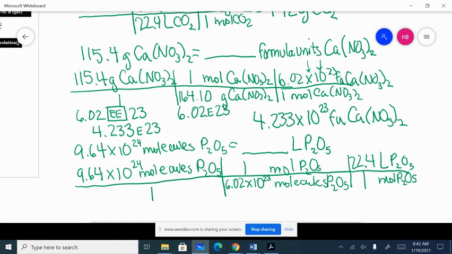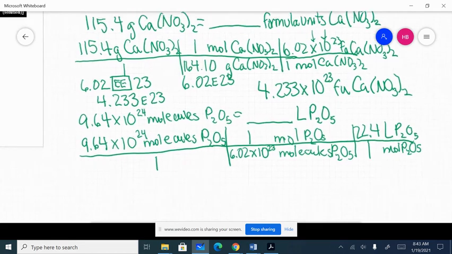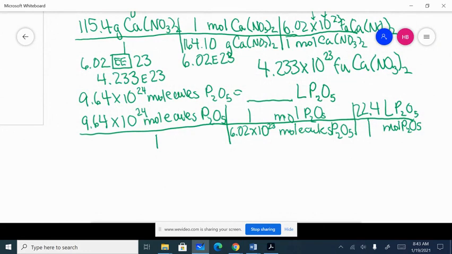Multiply across the top. This is one of those ones you have to be super careful with. You're going to type this as 9.64 EE key 24, and then you're going to do the times sign, which will look like that on your screen, 22.4. I always press enter after that.